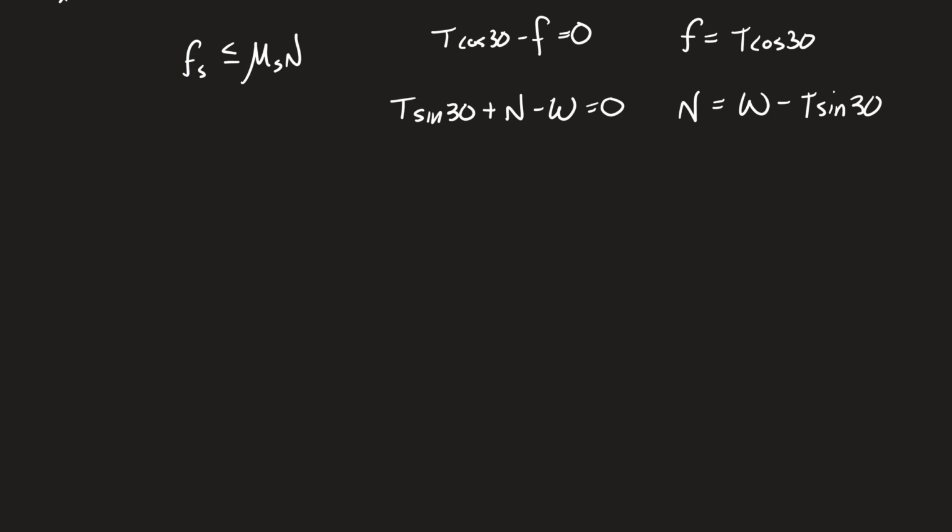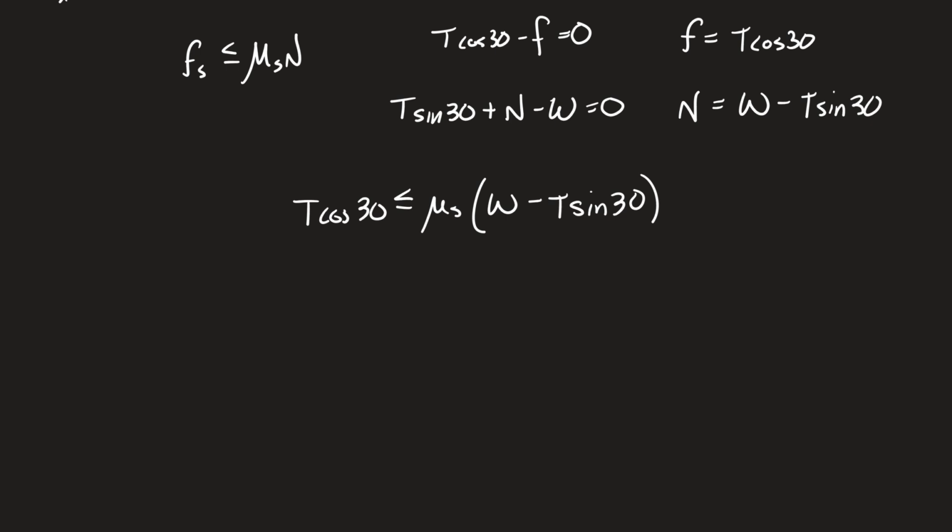So let's substitute into our inequality. T cosine 30 has to be less than or equal to mu times weight minus T sine 30. Tell me you see what I'm doing here.